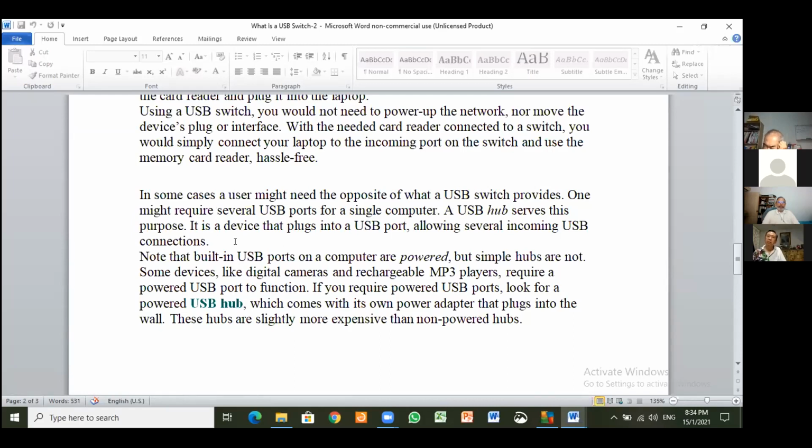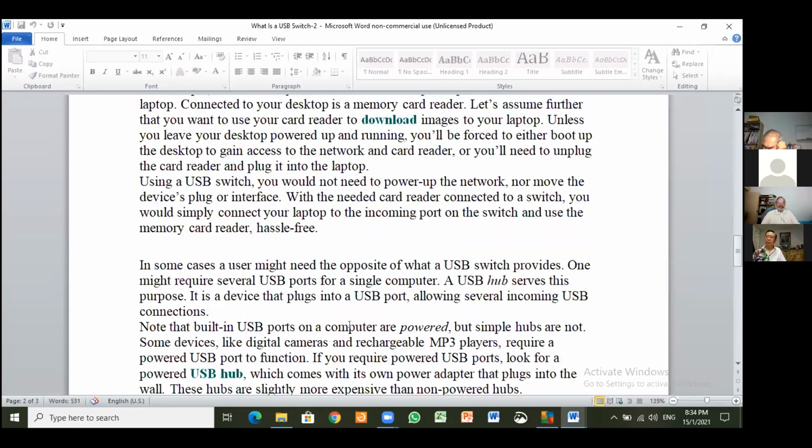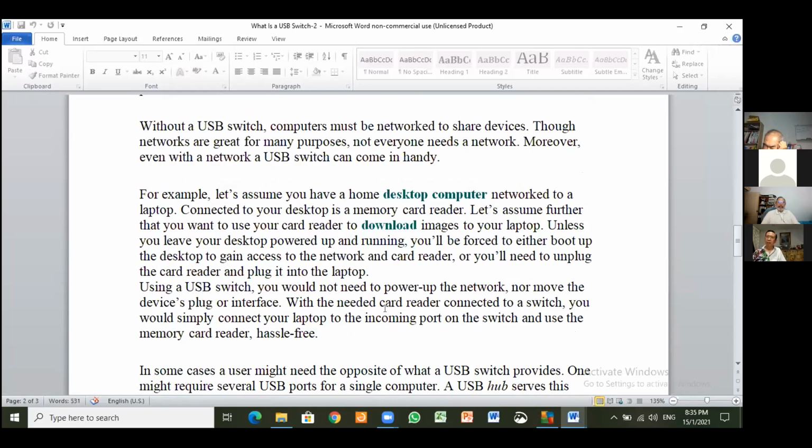A hub serves this purpose, but the switch lets you connect two notebooks to all the devices. I hope this short note works as a product introduction for everything.